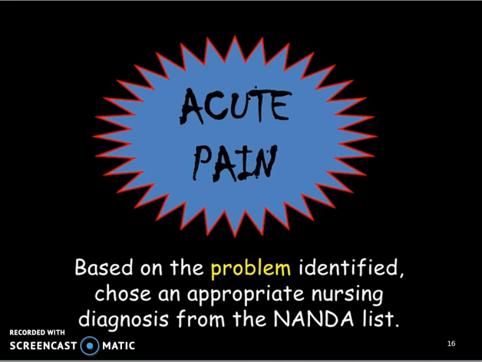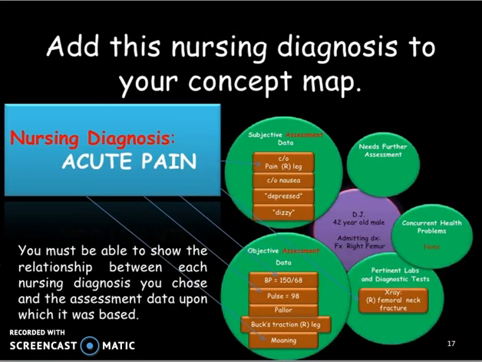Acute pain based on the problem identified. Choose an appropriate nursing diagnosis from the NANDA list. Add this nursing diagnosis to your concept map.